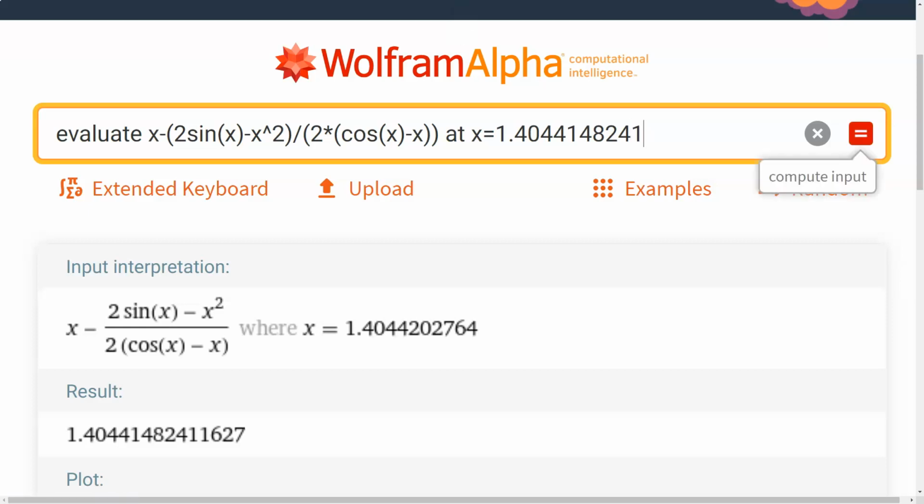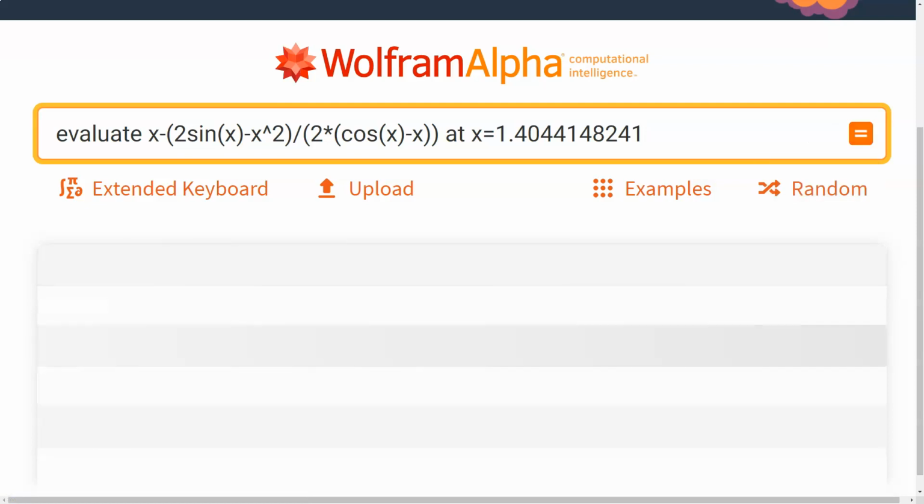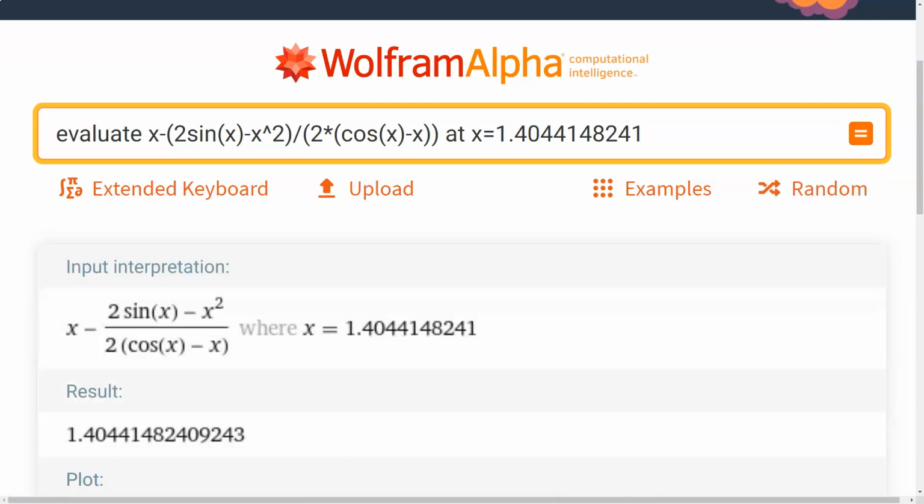Okay, now what do we have? 1.4044 14824. Okay, so we've got that much. So that's 6 digits. So it's 1.404414. So that's to 6 places past the decimal.